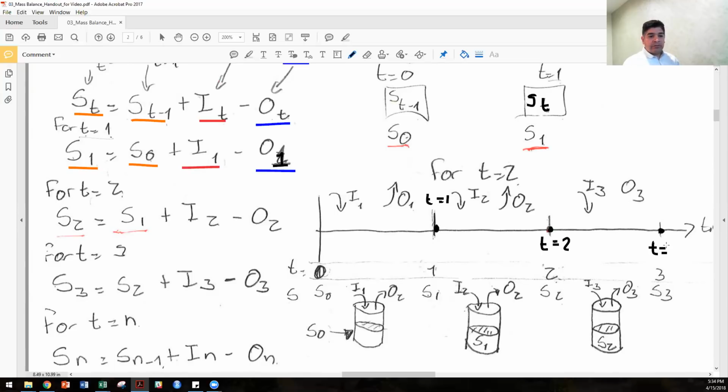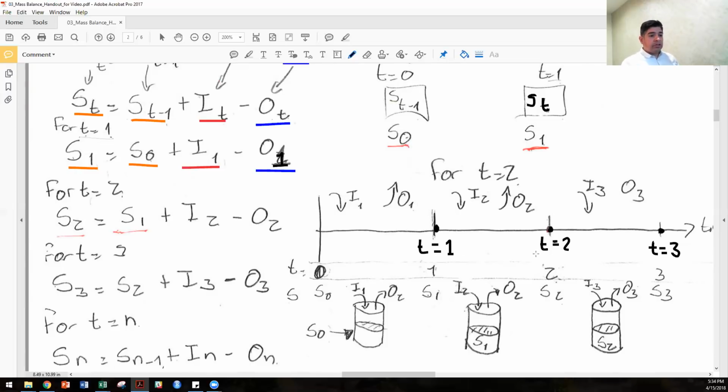Again, these are units of time. We can say that these are years, and we're going to be counting all of these every year. We can count all of them as months. These can also be decades. This can also be days. But what we're doing here is a simple accounting, a mass balance.